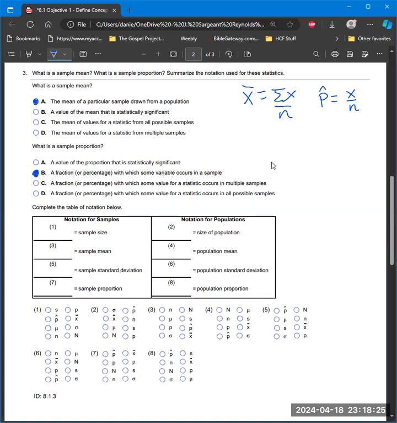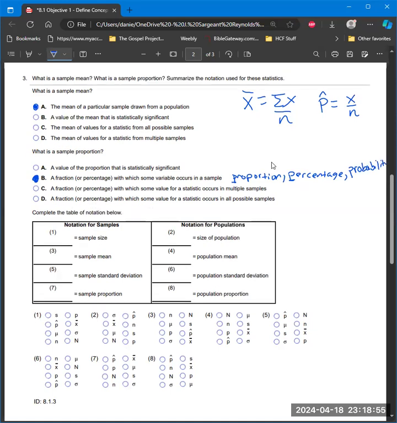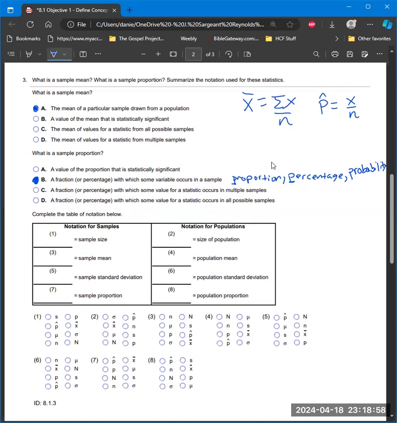So I like to say that it's a proportion, percentage, or probability, because this is one of the ways that we can calculate probability.